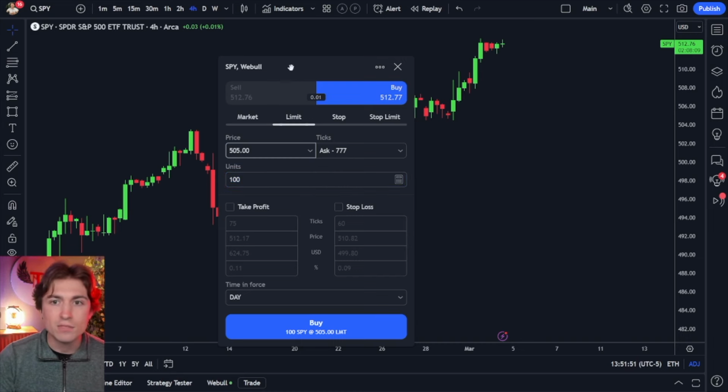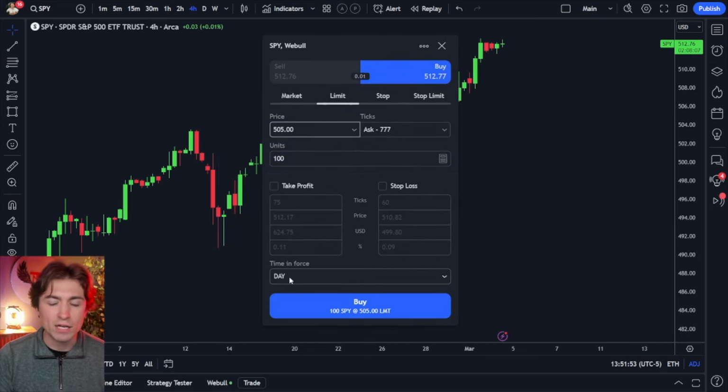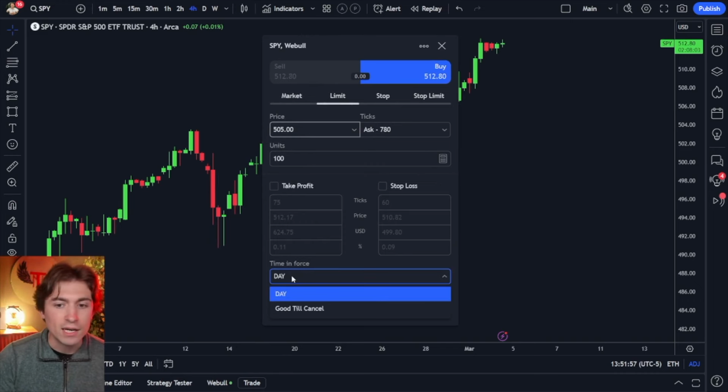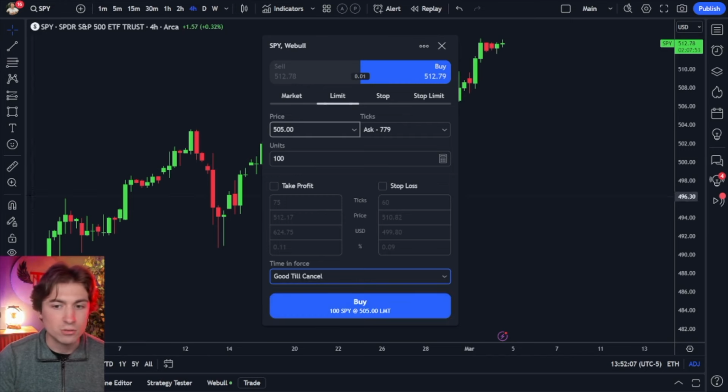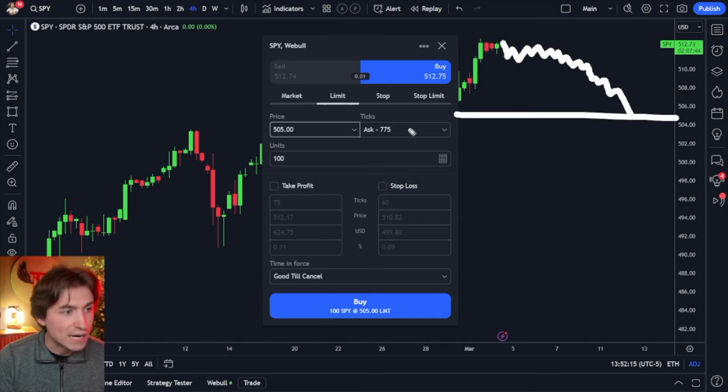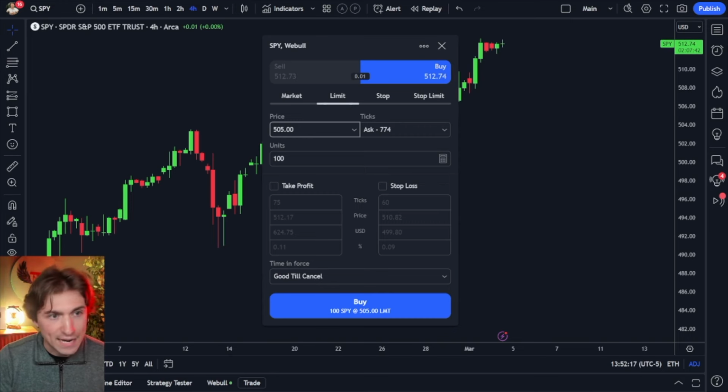In this case, you'll see there's this little option for time in force, where you can either do just today, so if it doesn't hit by the end of the day, this order will be deleted automatically by my broker, or I can do good till cancel, which means tomorrow, next week, as long as this order is still pending, it is still live to buy those shares if price comes down to my level.